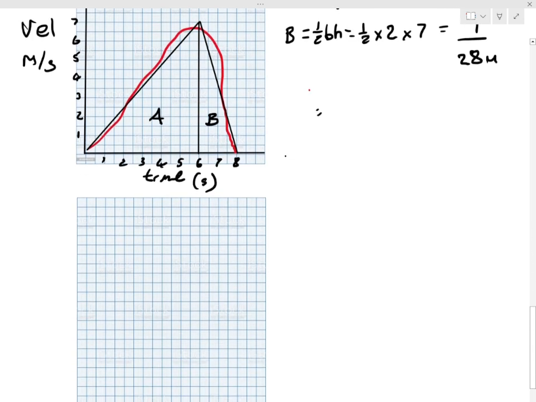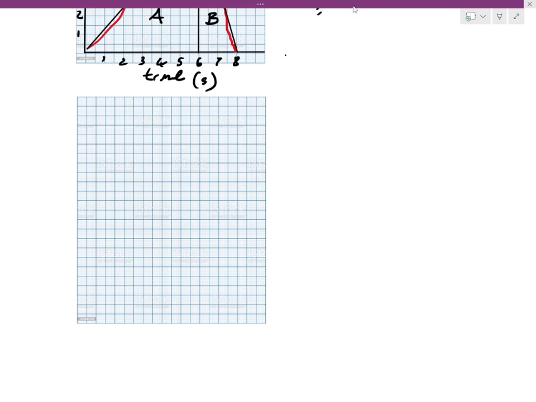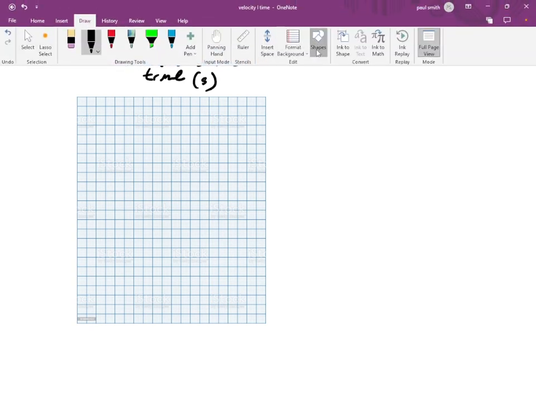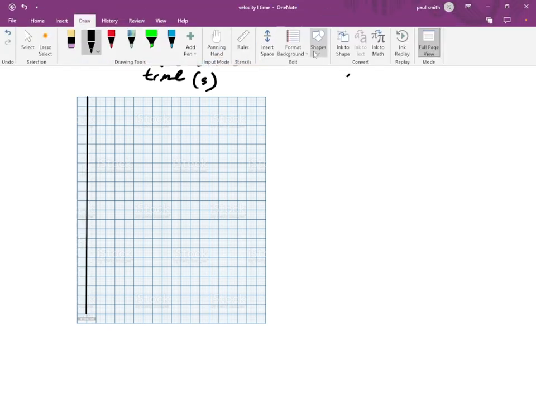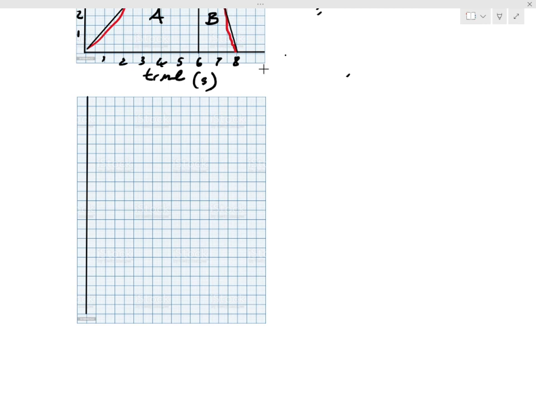And the very final thing we've got for this section, vectors, not vectors, is it? What am I doing? It's velocity time graphs. That's the problem with this GCSE, there's so much involved. Time in seconds and velocity in meters per second.